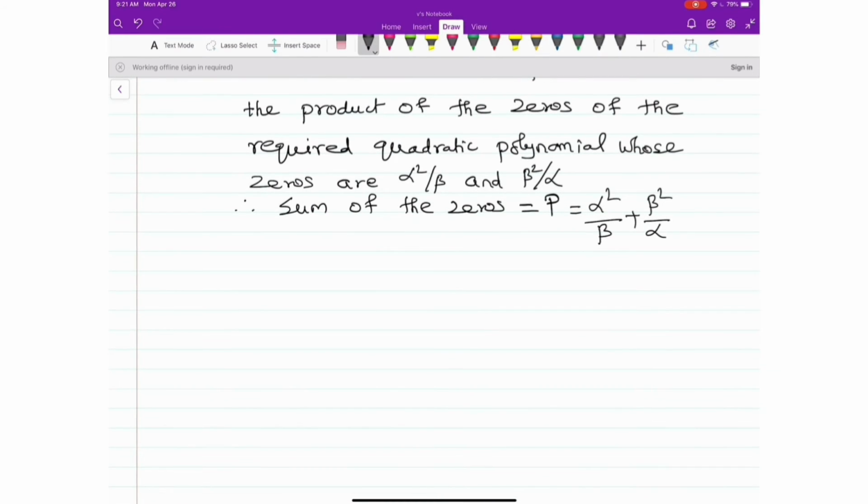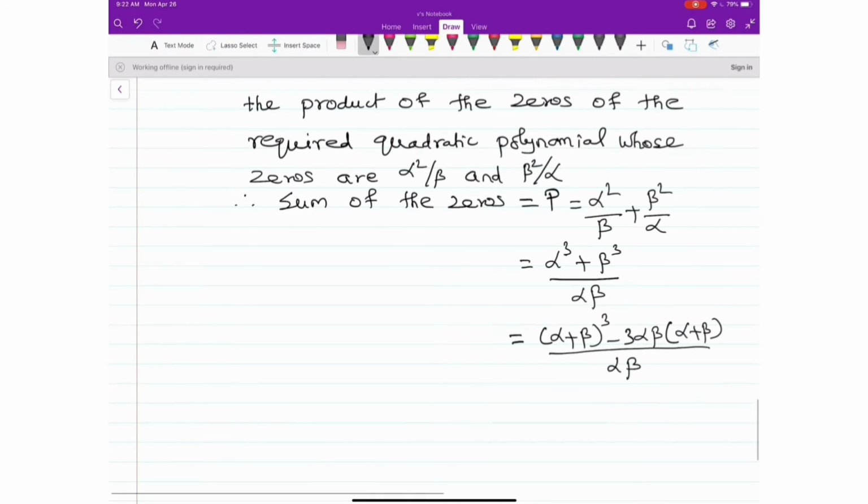When I take LCM, I will be getting alpha cube plus beta cube by alpha beta. See, alpha cube plus beta cube is nothing but alpha plus beta the whole cube minus 3 alpha beta into alpha plus beta by alpha beta.